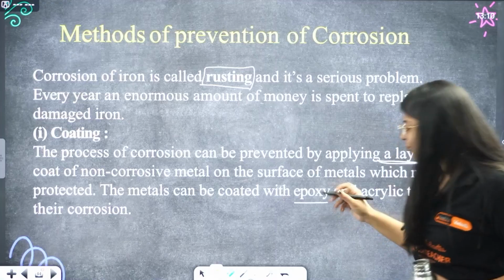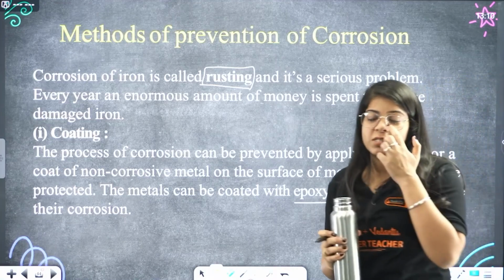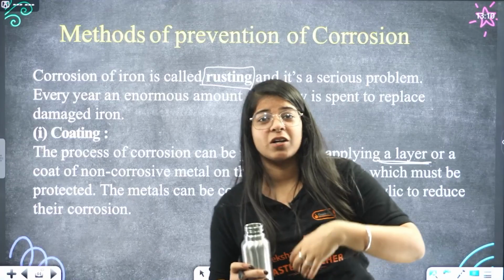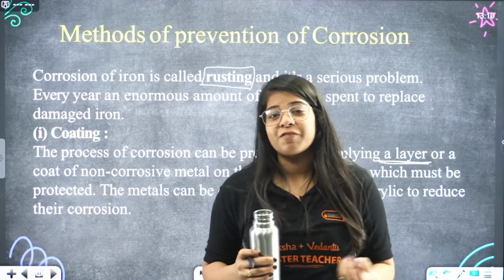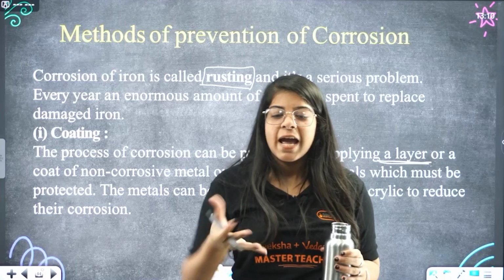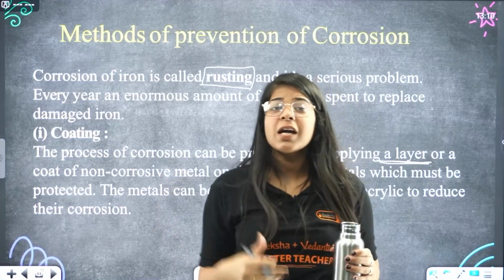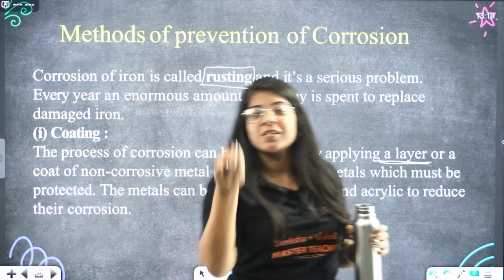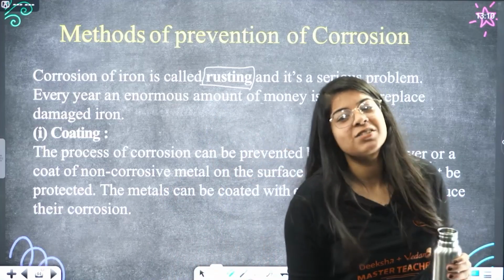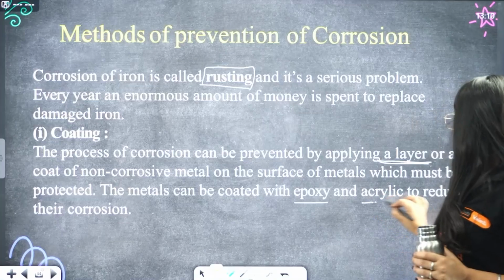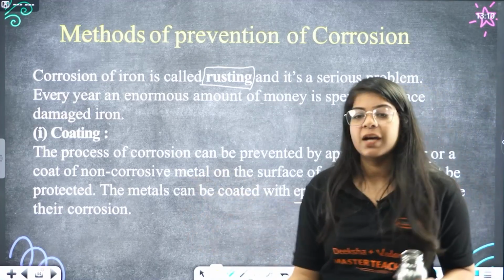There is a new trend around epoxy: you protect your wedding bangles, you make earrings of epoxy, and if you put roses or flowers in a container with epoxy, they won't get bad for years to come, right? That is what epoxy is. Epoxy actually protects our metals. So we put a coating of epoxy on metals as well, and acrylic to reduce their corrosion. Done?